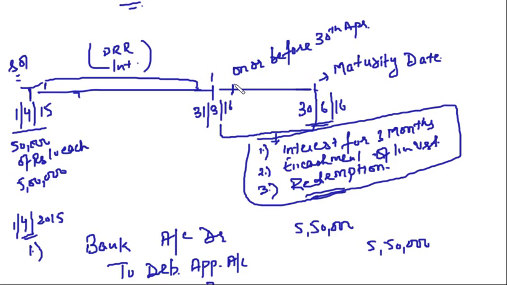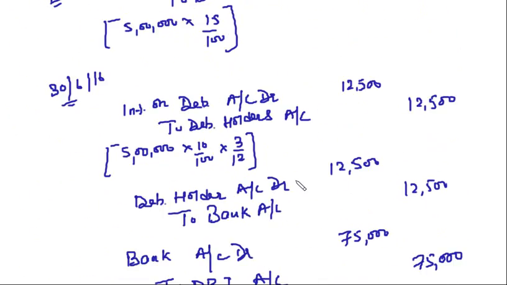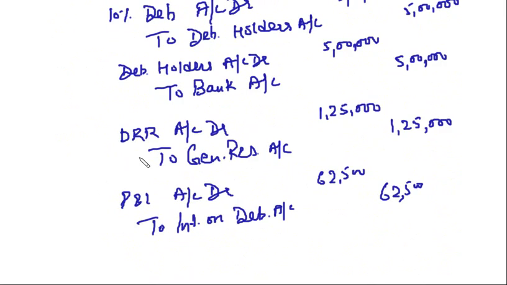So we have to create DRI as per the provisions of Companies Act 2013. So we created DRI on or before 30th of April 2016. And during this 3 months period, we treated interest, encashment of investment and redemption, and then transfer of DRR to general reserve. Clear?